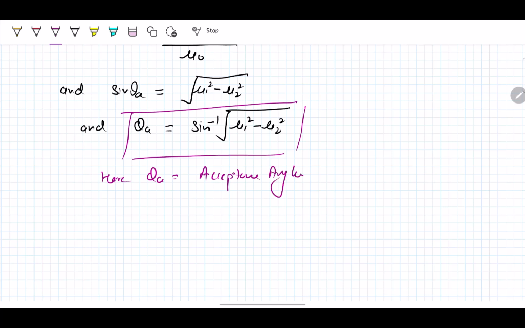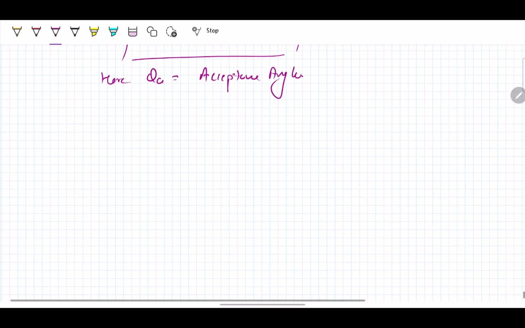Now another very important topic is numerical aperture.